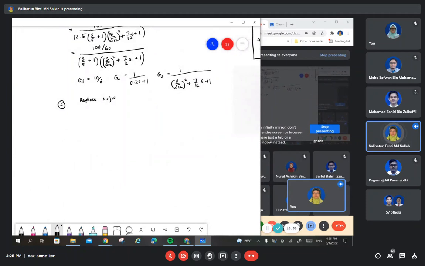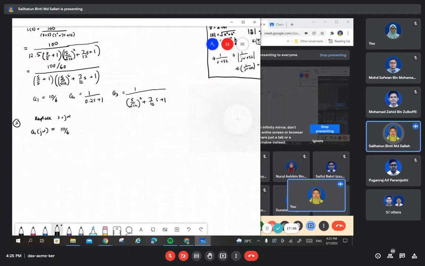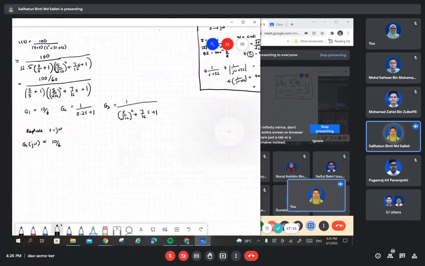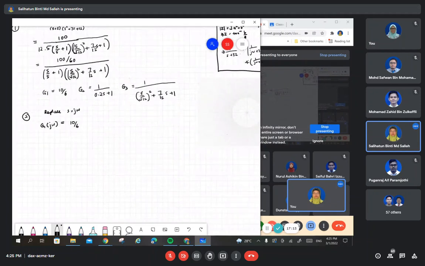The phase angle. So our magnitude G1 of j omega equals 10 over 6. You can refer to this one. Why did it become 10 and 6? Because it becomes 1 when you square and square root the same thing, so it's the same value for G1.